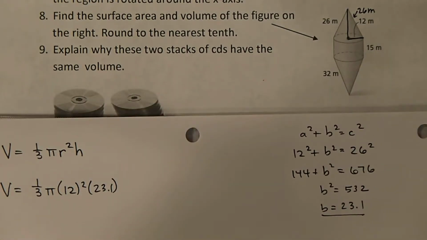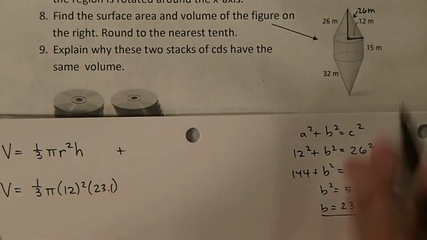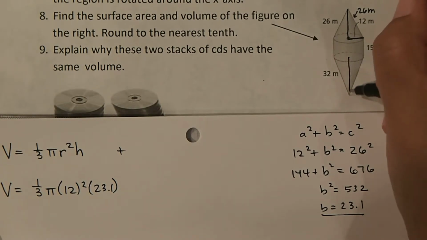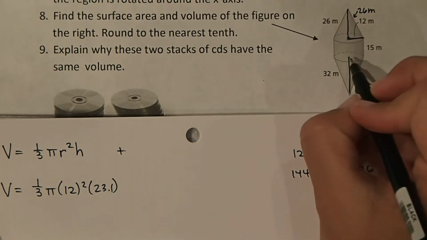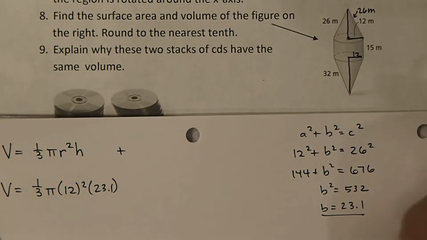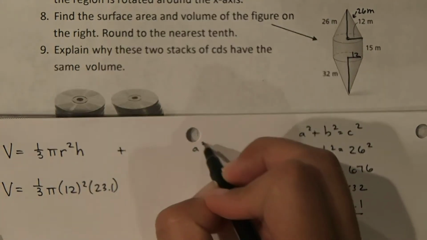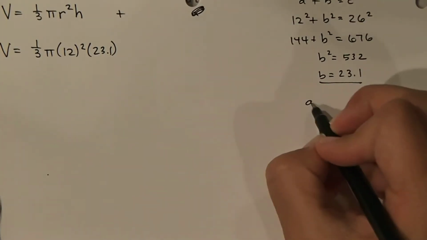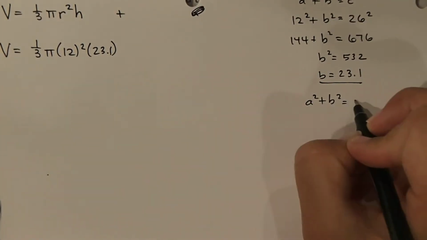Now let's go ahead and do the same because we're going to need to find the height of this cone down here as well. We know that the radius is also 12, so we're going to take a squared plus b squared equals c squared.